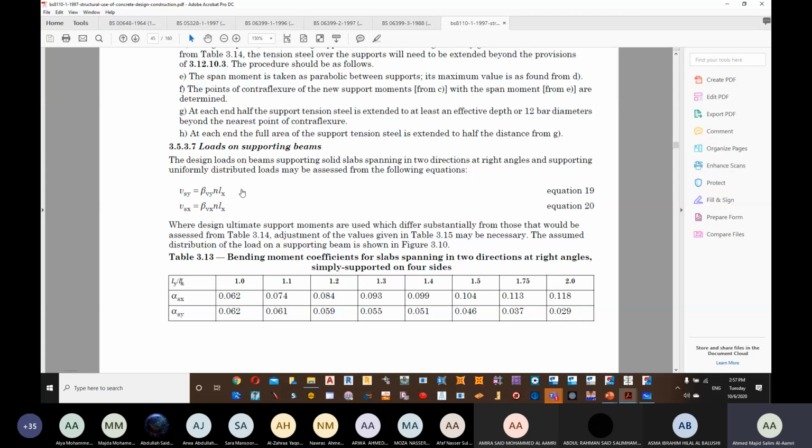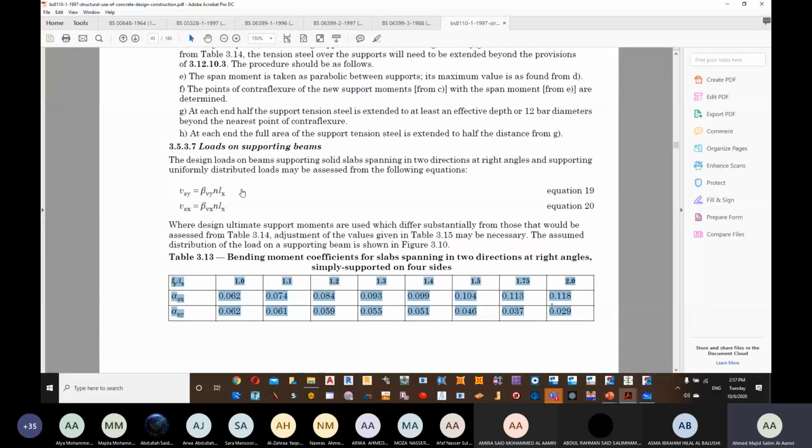We have bending moment for a simply supported case, and it's a two-way direction. A slab spanning in two directions means a two-way slab. So this is the table used in case of simply supported.